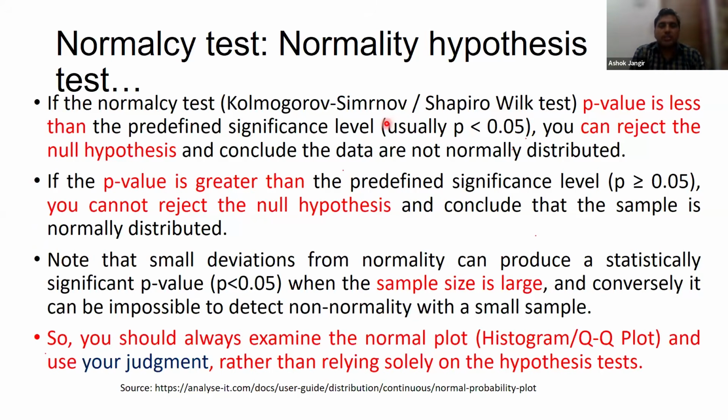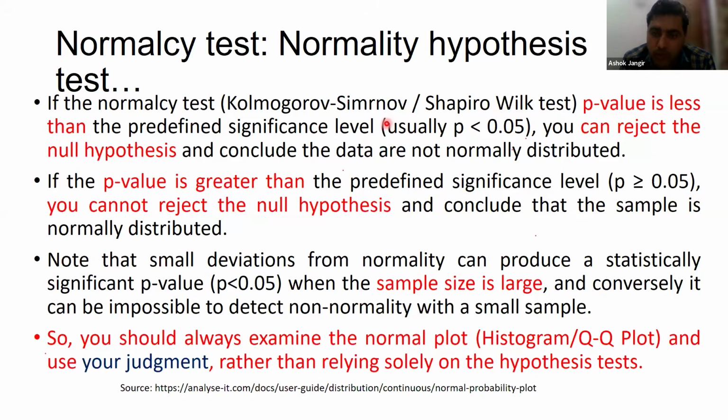If the normality test p-value is less than the predefined significance level, usually 0.05, we can reject the null hypothesis. So if we get a p-value less than 0.05 on the Kolmogorov-Smirnov or Shapiro-Wilk test, we can reject the null hypothesis and say the data are not normally distributed.